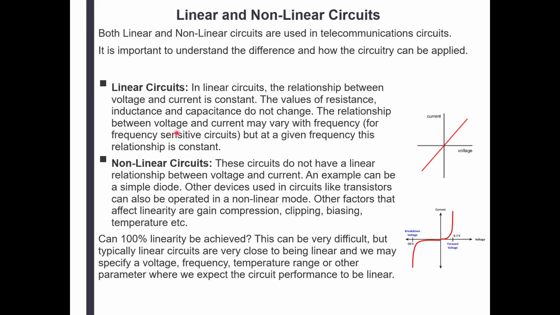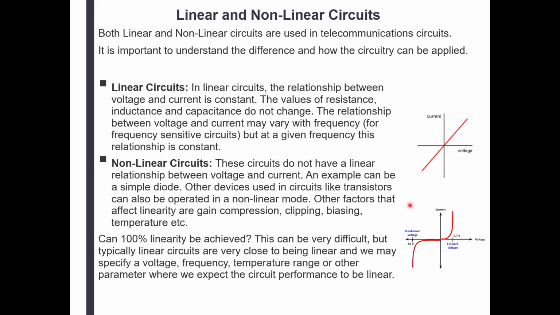The relationship between the voltage and the current might vary with frequency for frequency sensitive circuits, which is what we just talked about. But at a given frequency, this relationship is constant. We get a straight line. That's linear, kind of a circuit here, right?